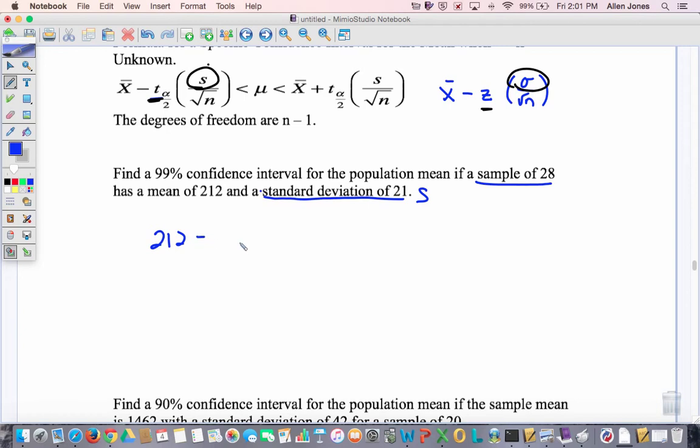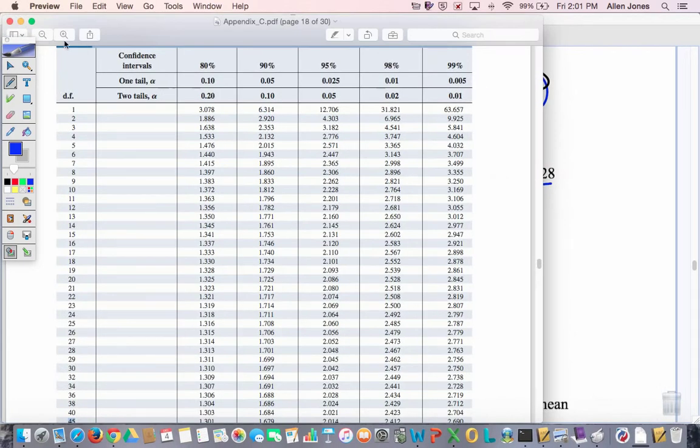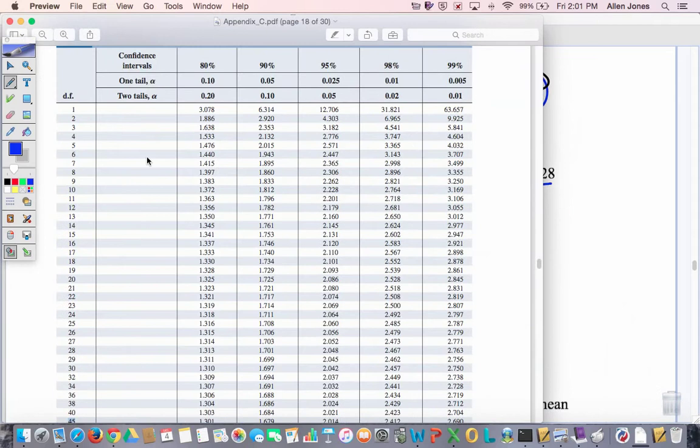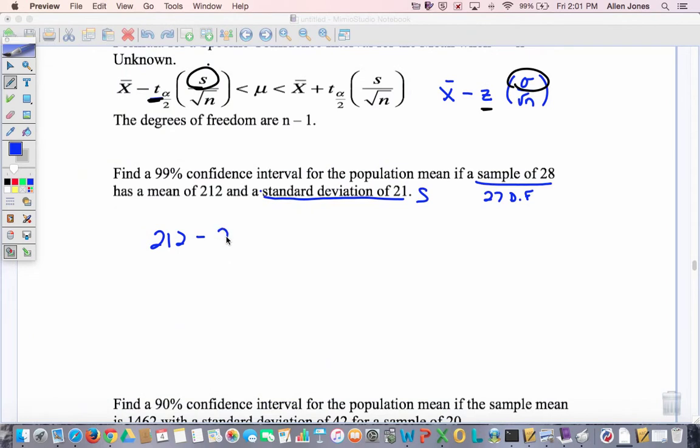Our mean is 212 minus, if we go to our table here. We have a sample size of 28, which means I have 27 degrees of freedom and a 99% interval. So I'm going to go to my table now, down to 27 degrees of freedom and across to 99%, and 2.771 is the score we're going to use.